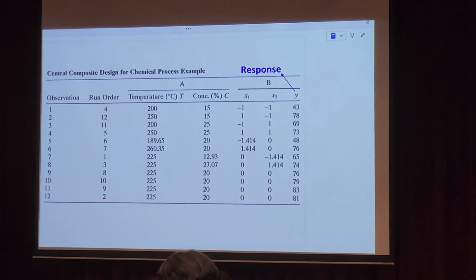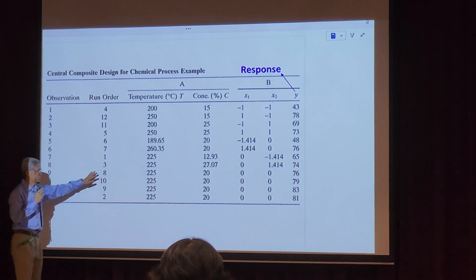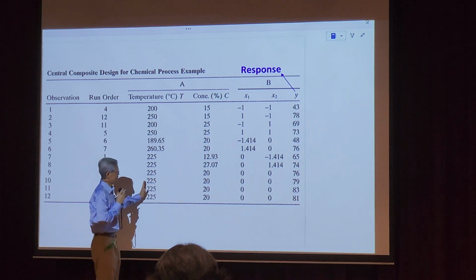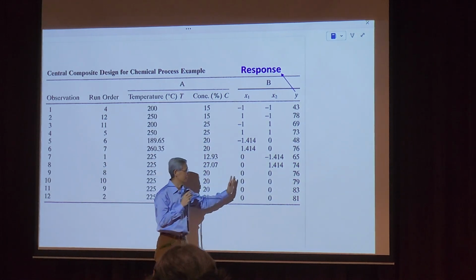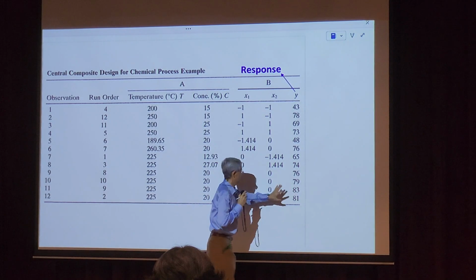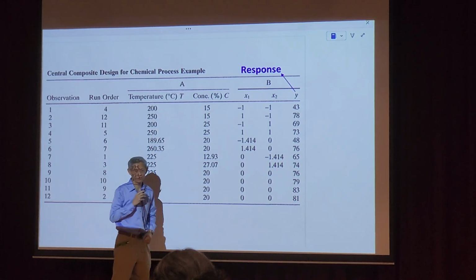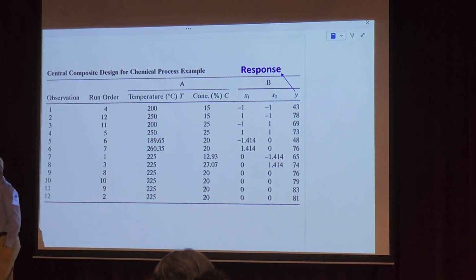See, in the oven that you use to make pizza, you don't want to just change the temperature to the next setting. There might be remaining heat there. It might affect the outcome for the next one. So this randomization is important. But whatever it is, at the end of the experiment, you should have this set of data: your response versus x1, x2, or in terms of the actual variables, concentration and temperature.